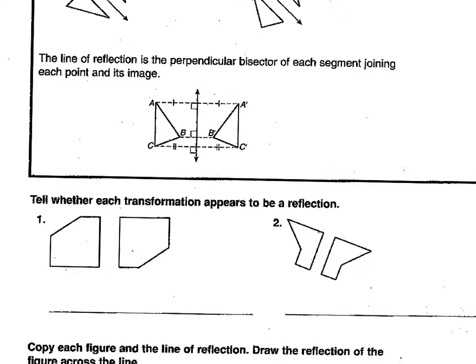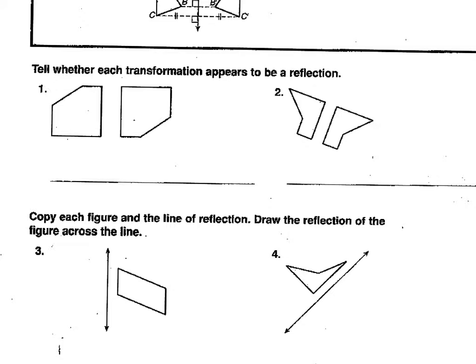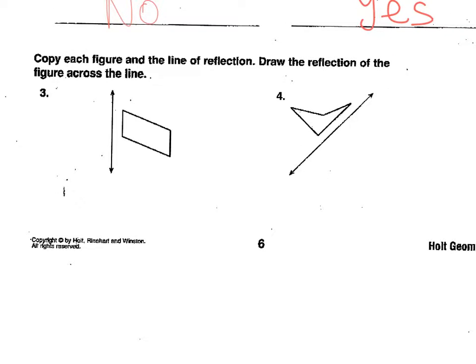So in problem number 1, it says, tell whether each transformation appears to be a reflection. Is number 1 a reflection? No. How about number 2? Yeah, that one is. And then in number 3, we're going to go ahead and do the reflection. What I suggest is get the patty paper on top of your paper, please.